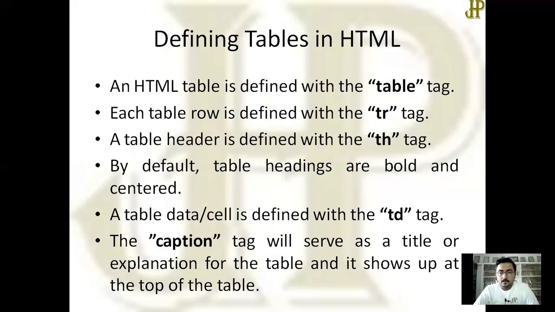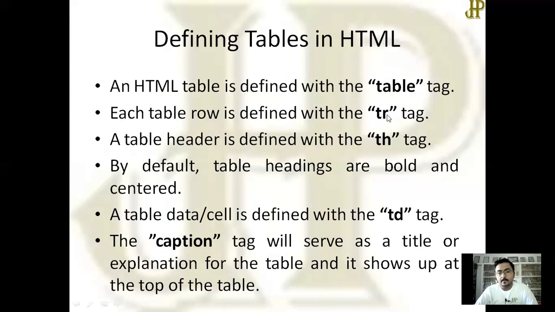Clear? Your student roll number, student name, address, marks, and so on. So one record is represented with the help of a row, and a row is created with the tr tag, table row.